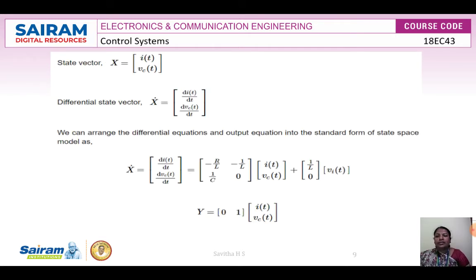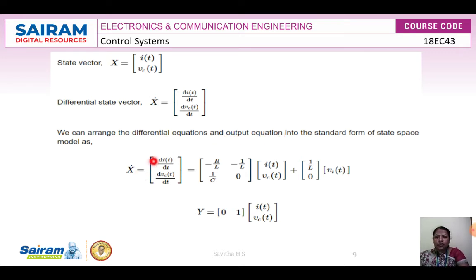State vector x is equal to I of t and Vc of t. Differential state vector x dot is the differentiation of the above expression, di of t by dt and dVc of t by dt. So we can arrange the differential equations and the output equation into the standard form of the state space model.